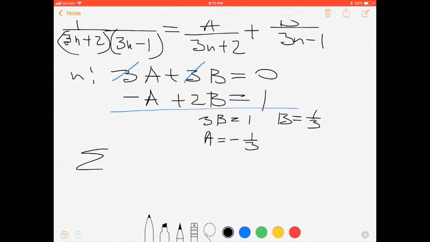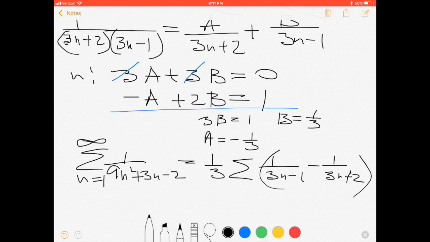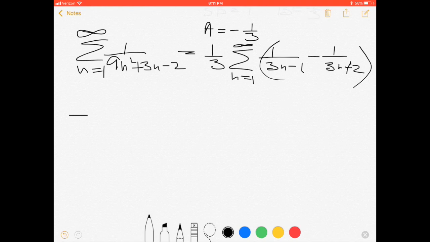And this means our series, 9n squared plus 3n minus 2, from 1 to infinity, will be 1/3 times the series of 1 over 3n minus 1 minus 1 over 3n plus 2, and we try to write what it is. It's 1/3.